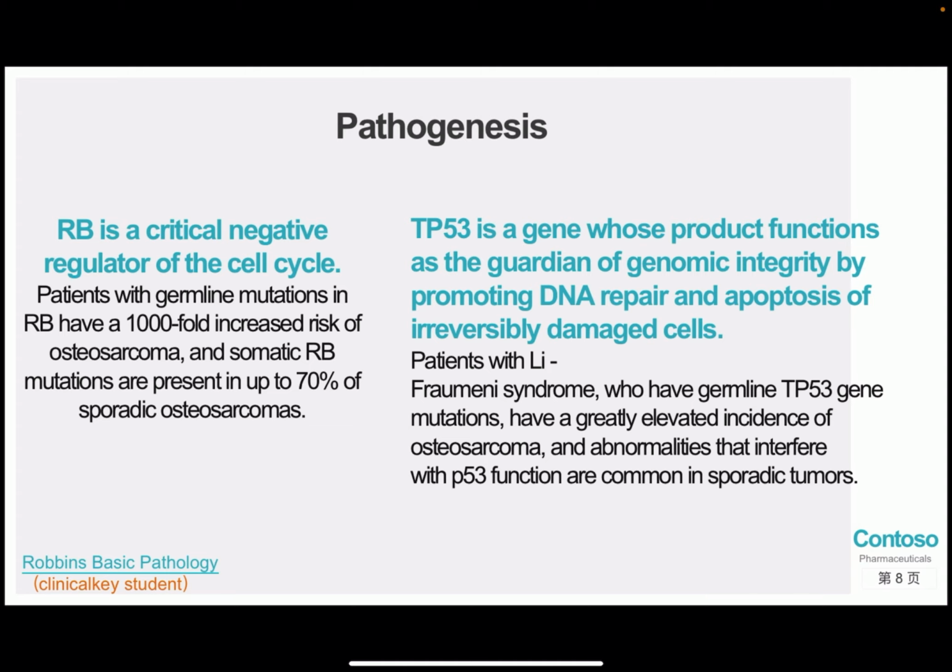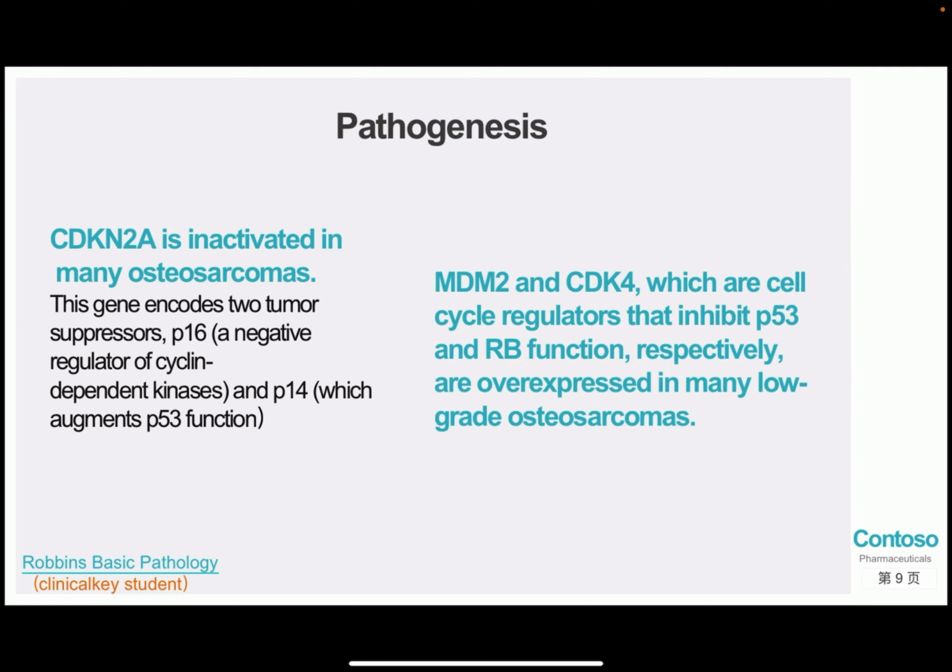TP53 is a gene whose product functions as the guardian of genomic integrity by promoting DNA repair and apoptosis of irreversibly damaged cells. Patients with Li-Fraumeni syndrome who have germline TP53 mutations have a greatly elevated incidence of osteosarcoma, and abnormalities that interfere with P53 function are common in sporadic tumors.